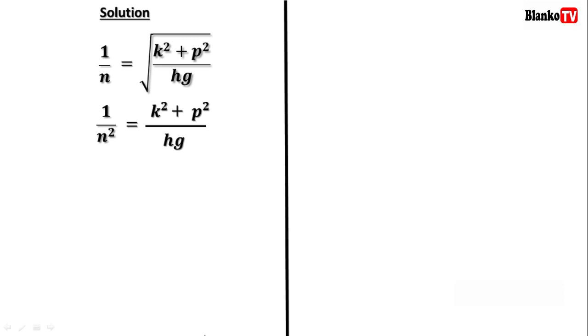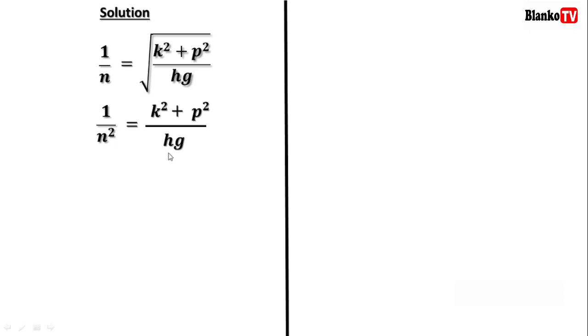The next thing that we do is we multiply the left hand side by n square hg, then we multiply the right hand side by n square hg, which is our LCM, considering the denominators.